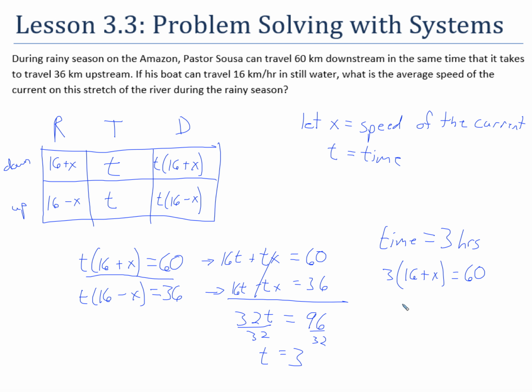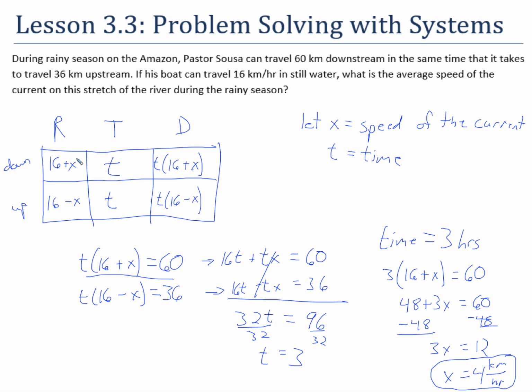We can distribute. 3 times 16 is 48, plus 3x equals 60. We subtract 48 from both sides, and we get 3x equals 12. Dividing both sides by 3, x equals 4. We are dealing with kilometers per hour for our rate, so 4 kilometers per hour. And so that is the rate of the current.